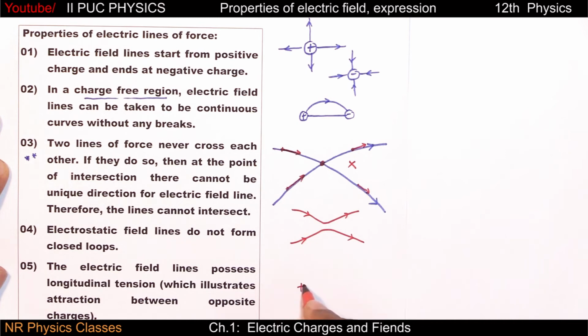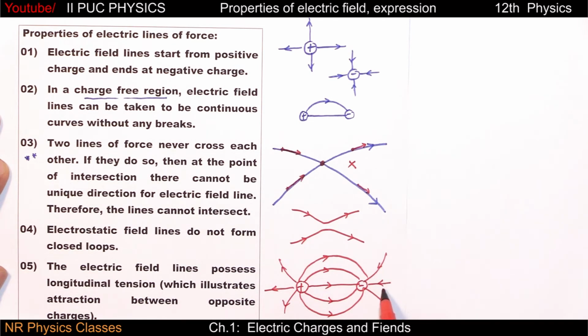Let me consider plus and minus opposite charges. Field lines are from positive to negative. We know this. If you observe the electric field lines, this resembles a stretched rubber band.